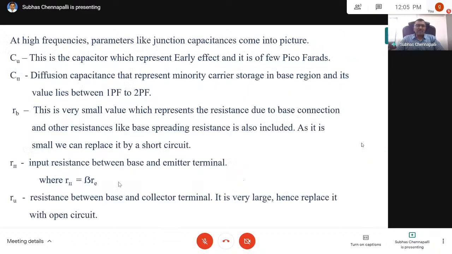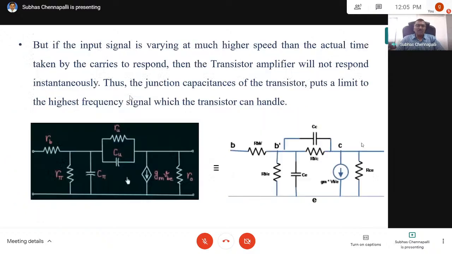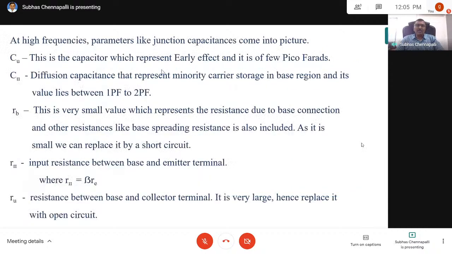These are all the parameter explanations. At high frequencies, parameters like junction capacitance come into picture. At low frequencies, you can open them. CU, the original model, this one is talking about. These parameters are referred to in the next slide for explanation. CU is the capacitor which represents the early effect and it is of a few picofarads.